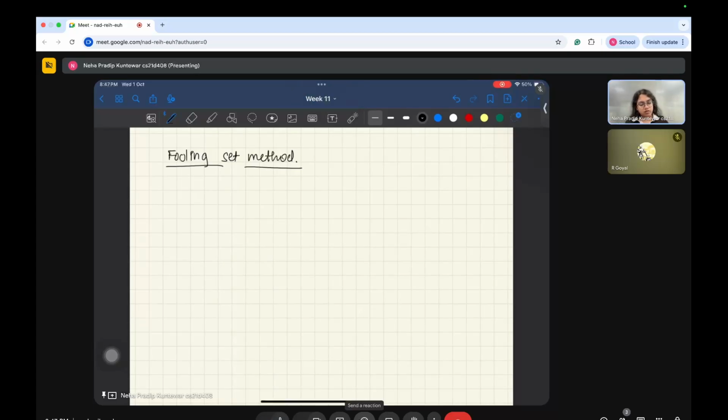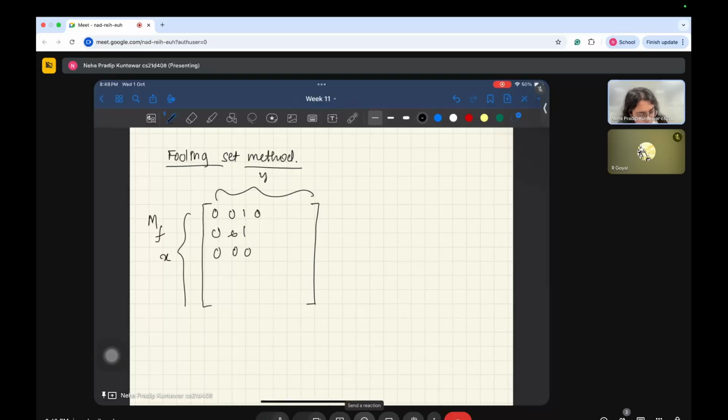So recall that we have this communication matrix M_f, and you have all possible strings x here, all possible strings y here. This matrix is going to have some 0 1 values.